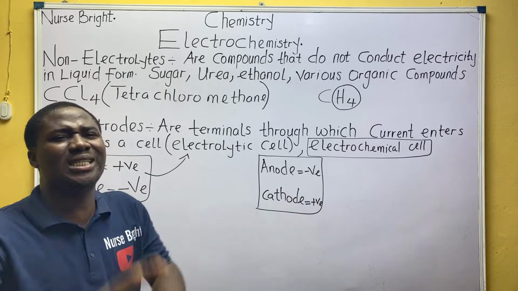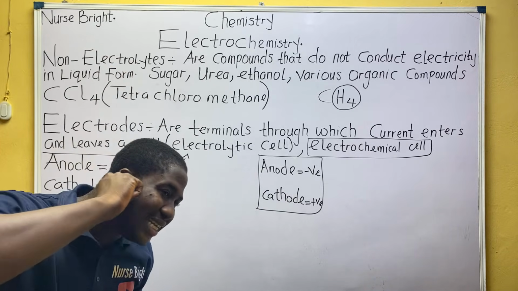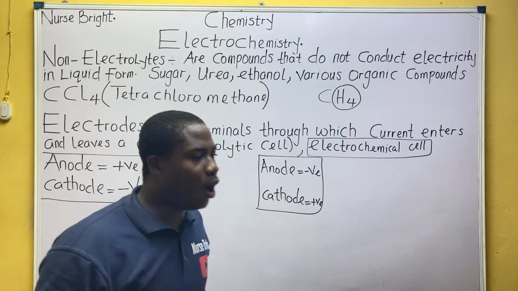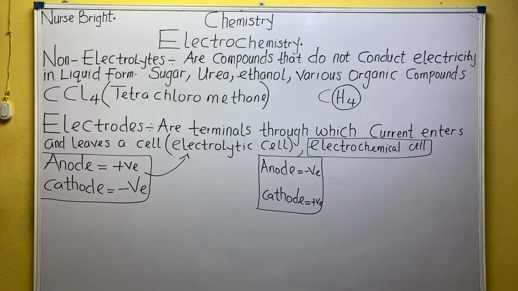You will see all of this in the diagram when we talk about them. So listen and open your ears. All these are very easy. They are not difficult at all, guys. So that is for that.